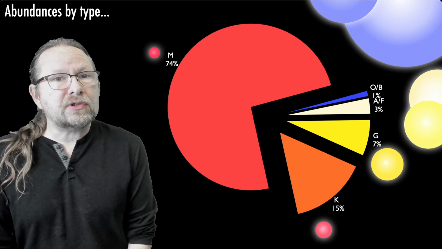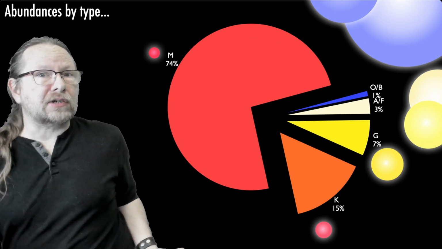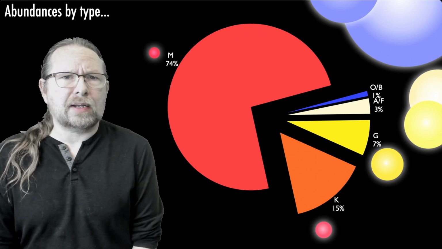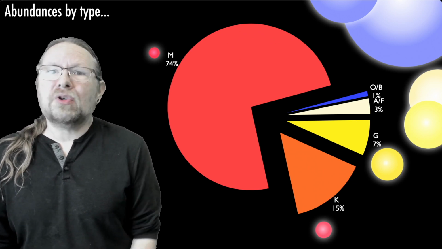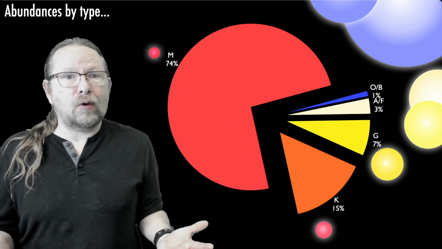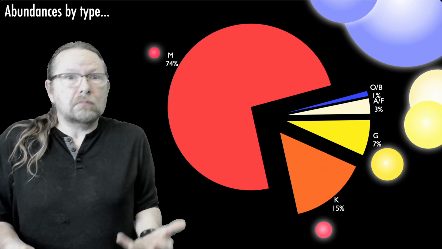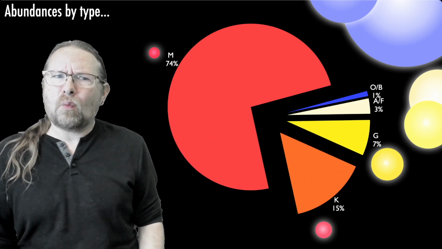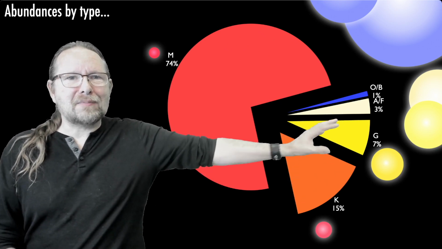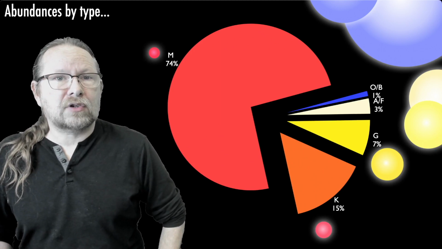So if we're interested in looking for extraterrestrial life, which is what we've been talking about in the past few videos, where should we look? Well, you might be tempted to say, we know a G-type star like the sun can be the center of a habitable system, so we should look at G-type stars. Except that they only make up less than 10% of the stars in the galaxy.